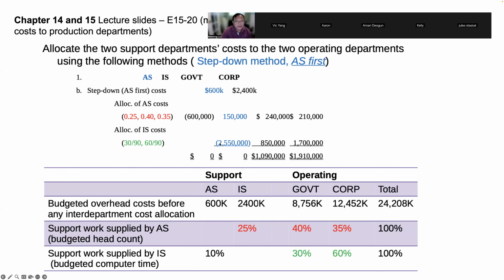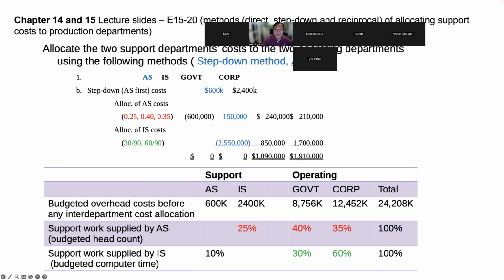So my new IIS cost is 2.55 million. And I'm going to allocate this cost only to the government consulting and corporate consulting based on the relative proportion of the two departments. Okay, so does this make sense?